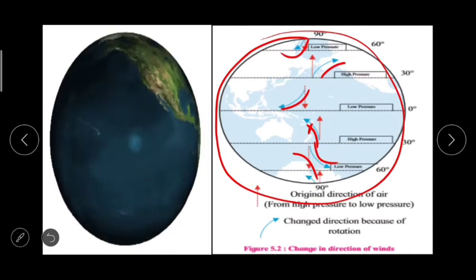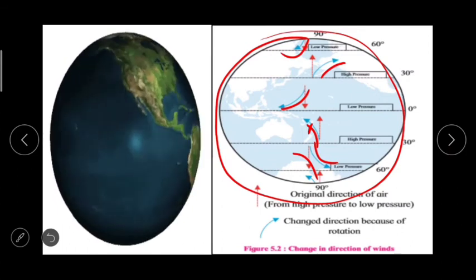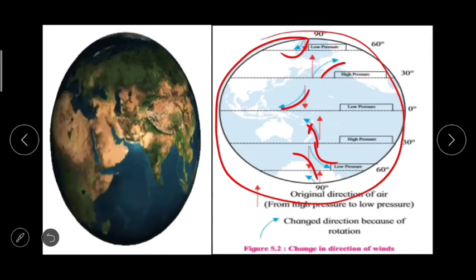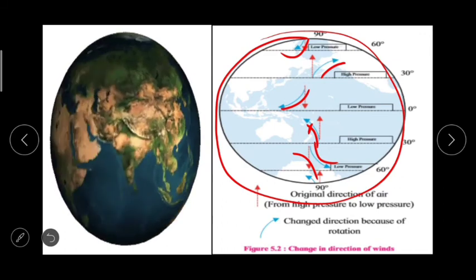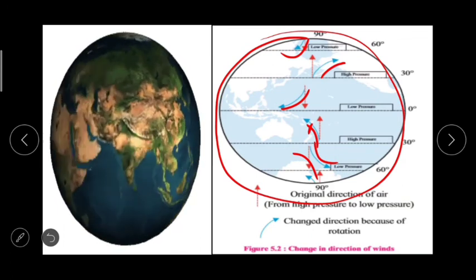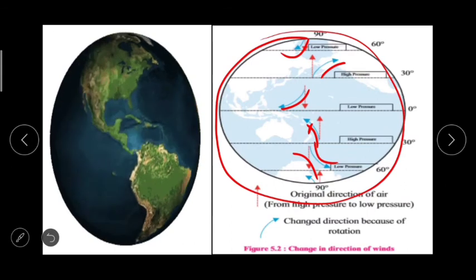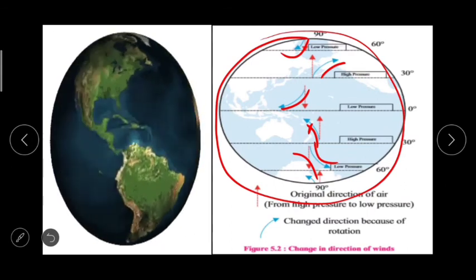The rotation from west to east causes this change in the original direction of the winds. So this red one is the original direction of air from high pressure to low pressure, but because of the earth's rotation it changed direction.